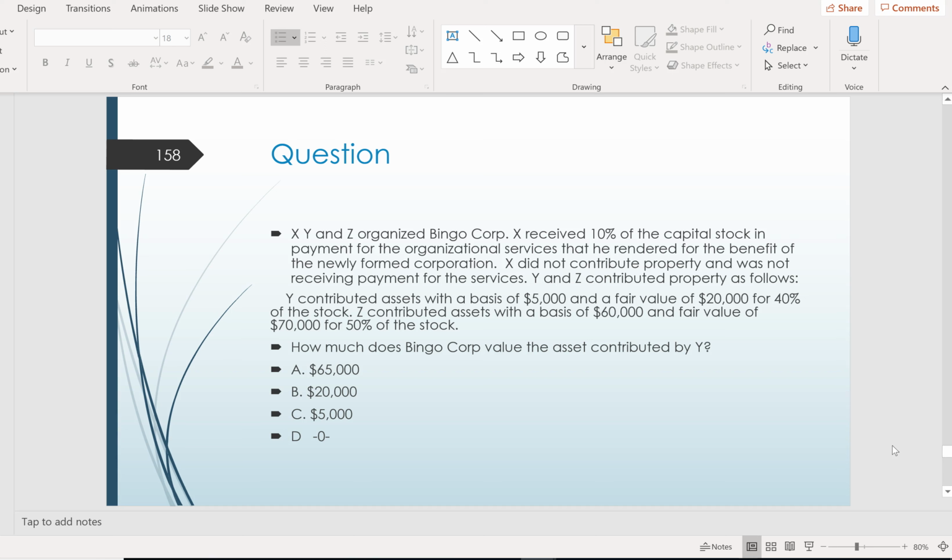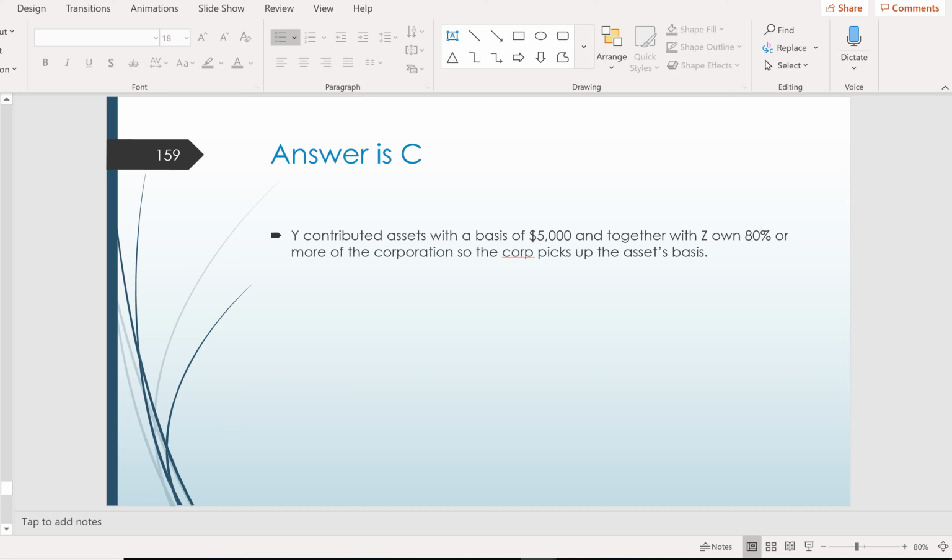But this question's asking about how much does Bingo Corp value the asset contributed by Y? Well, same thing. What's the basis of the asset contributed by Y? 5,000. And since they meet the 80% rule, the basis of that asset will roll over into the corporation, and the corporation will pick up that asset contributed by Y with a $5,000 basis. So the answer is C, and there'll be no gain to Y, just like there was no gain to Z.